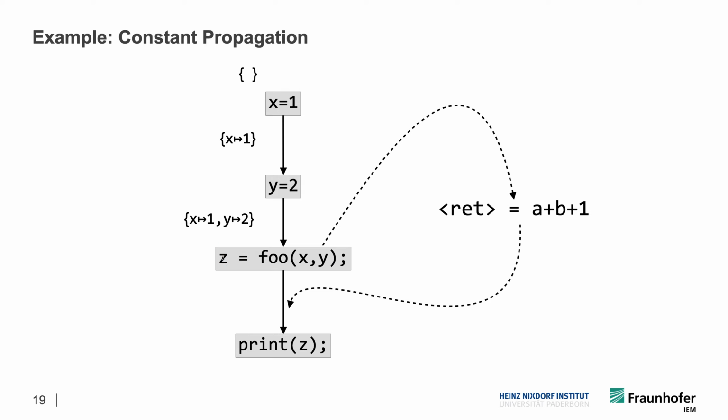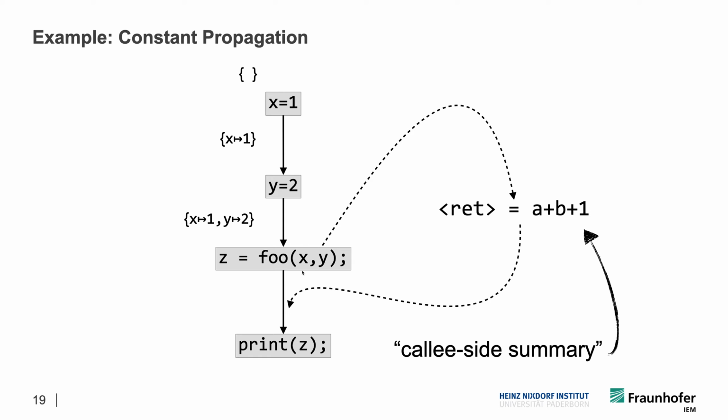So the problem is that yes, we do have a summary, but it's still what we call a callee side summary, a summary expressed in terms of the variable names that the callee knows. And in order to be able to use that in this particular calling context, it needs to be adapted to that context. And that can be done relatively simply.